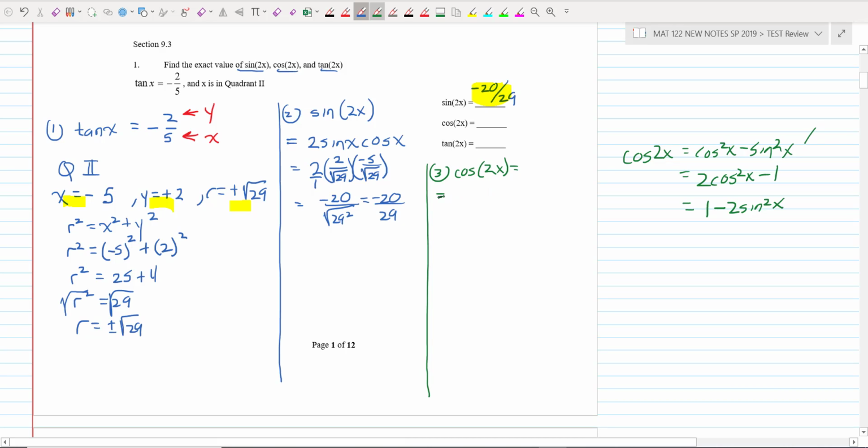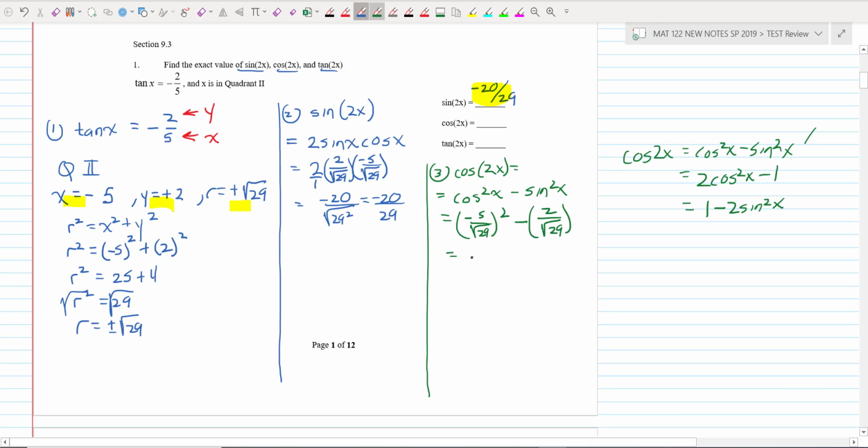So we're going to work out cosine squared x minus sine squared x. All right, so it should be a fairly simple thing to do. The cosine is x over r. So go back to your x, y, r. That would be negative 5 over the square root of 29. The sine is y over r, so that would be 2 over the square root of 29. Okay, work these out.